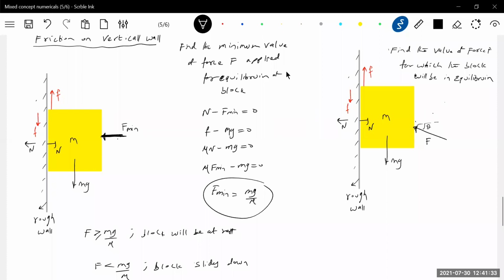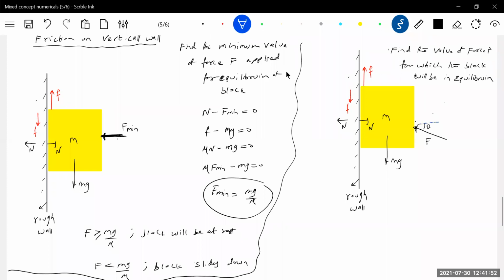There's a condition. So we'll resolve this force along x and along y, then we'll see what conditions we get. If I resolve it here once again: F cos theta, F sin theta. N minus F cos theta equals 0.